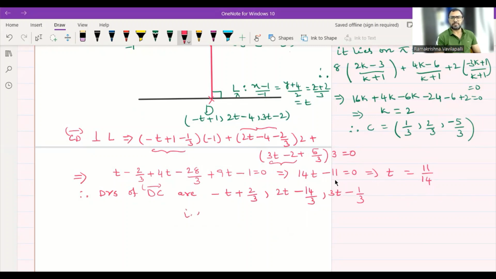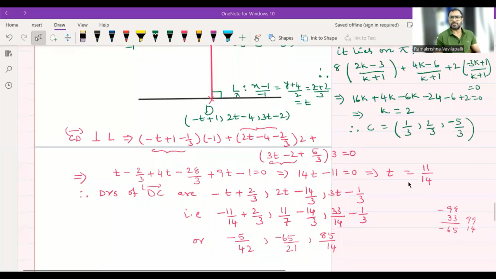That is minus 11 by 14 plus 2 by 3. This is 11 by 7 minus 14 by 3. And this is 33 by 14 minus 1 by 3. We need to simplify this.